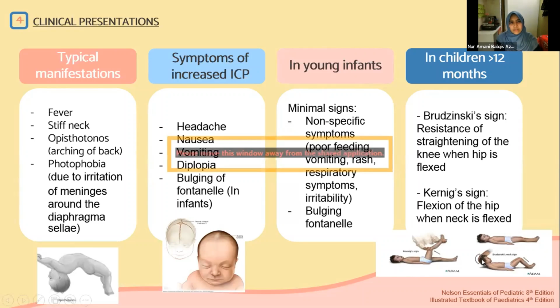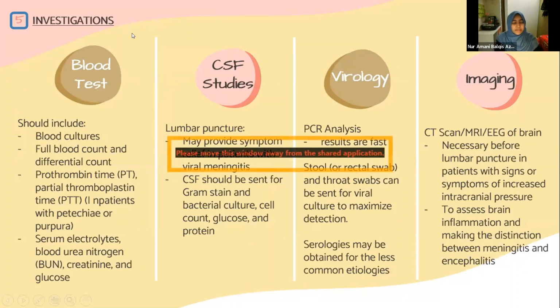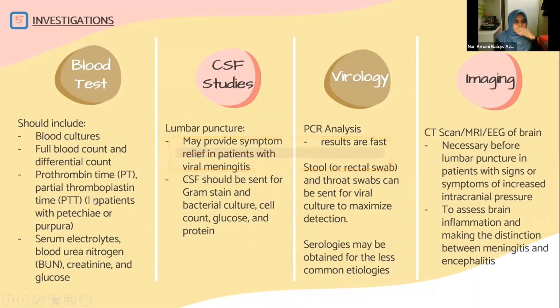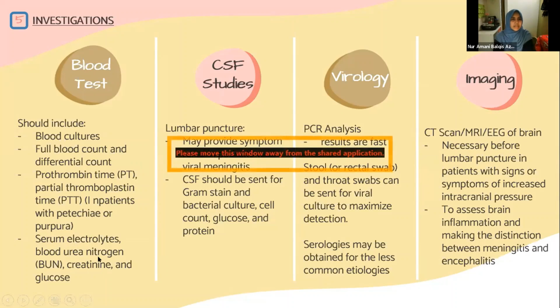Okay. So the next one is investigation. What can you do to investigate to diagnose meningitis? First, we should do blood tests. Blood tests should include blood culture for any growth of bacteria or virus, full blood count, and also prothrombin time and partial thromboplastin time. This is especially done in patients with petechiae or purpura, and also serum electrolytes, blood urea nitrogen, creatinine, and glucose.